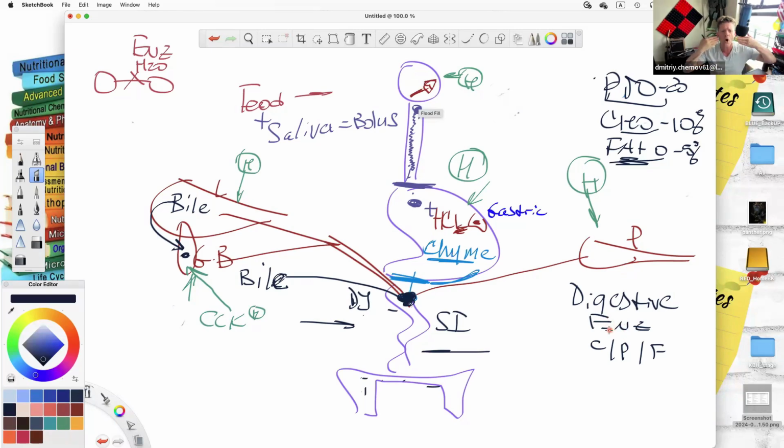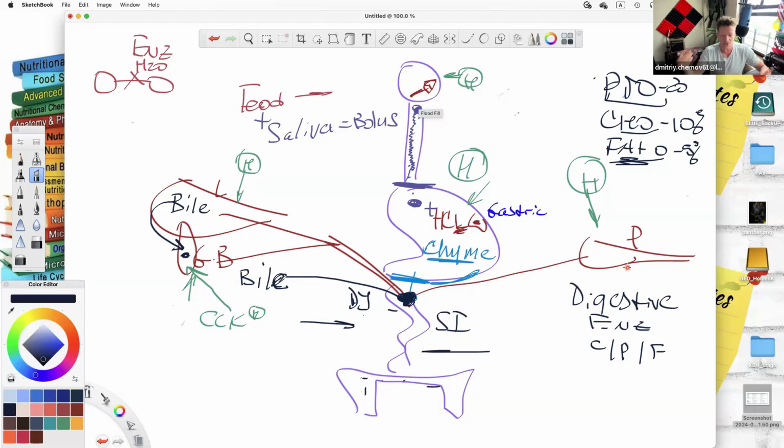Keep in mind that the oral cavity, stomach, and small intestine produce similar enzymes. They are just called differently: oral digestive enzymes, in the stomach gastric digestive enzymes, and in the small intestine pancreatic digestive enzymes.